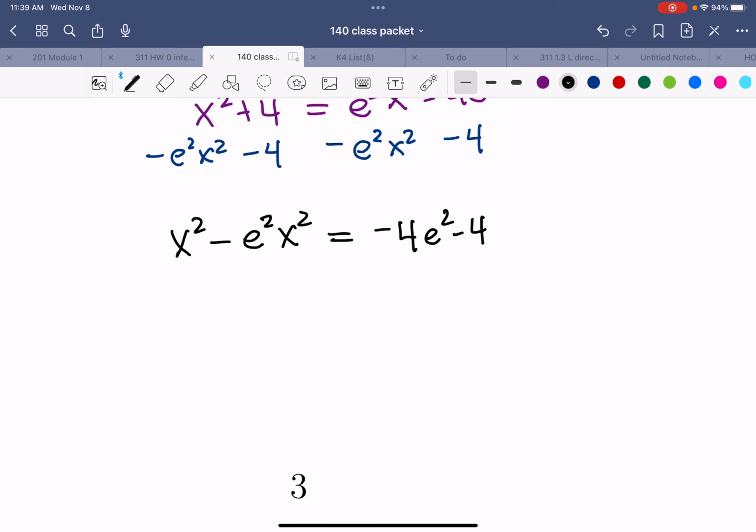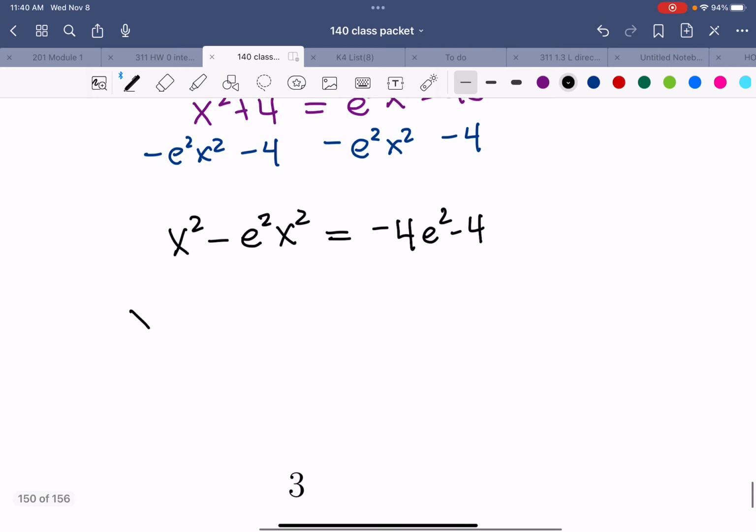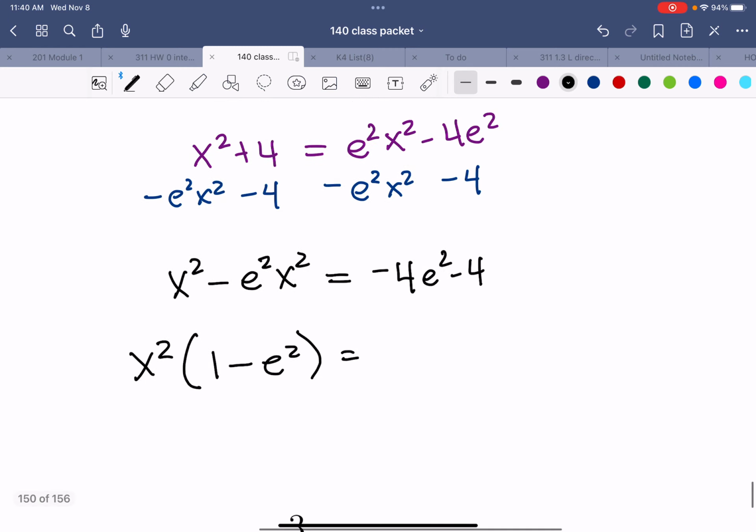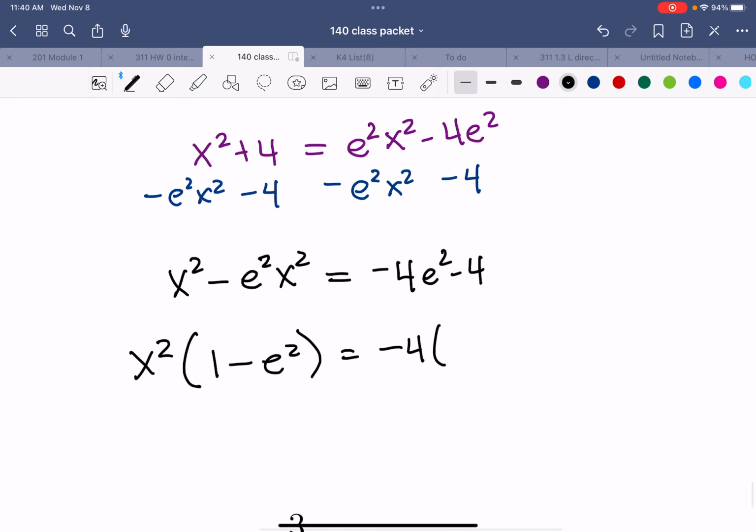All right, now I'm going to factor both sides of this. I'm going to get x squared times 1 minus e squared. And then, let's see, we can factor out a negative 4 here. And that gives me e squared plus 1.